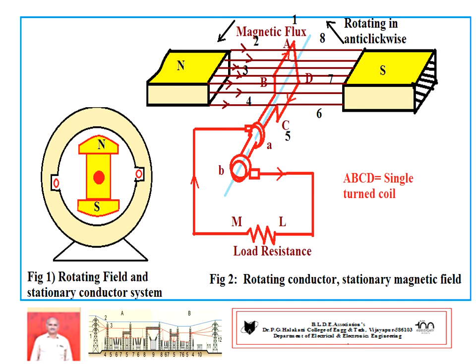At this instant, rate of change of flux linkage becomes 0. The induced EMF also becomes 0. Hence, 0 to 180 degree is known as positive half cycle.